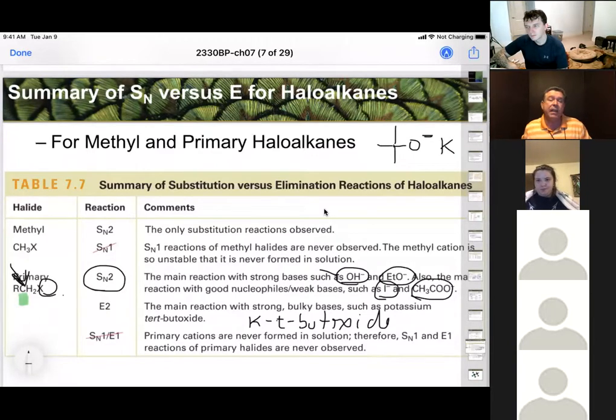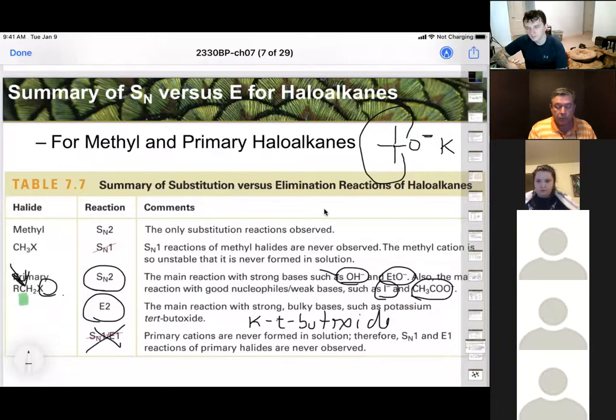Do we see why that's a big and bulky base? It is so big that it cannot act as a nucleophile. It can only remove protons, and therefore it is used exclusively to make this E2 reaction happen. Of course, it doesn't form carbocations, so it can't do SN1 or SN2.